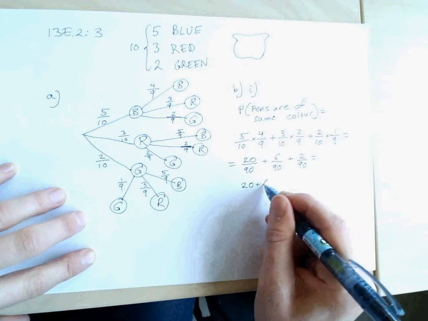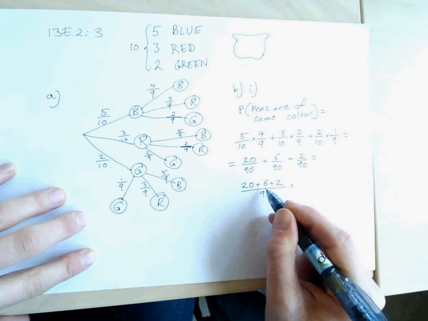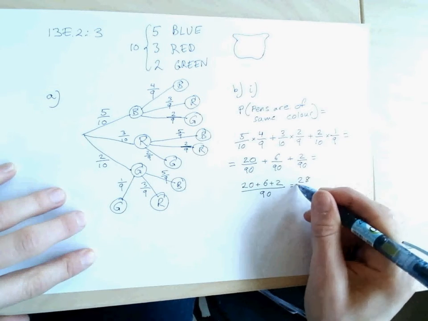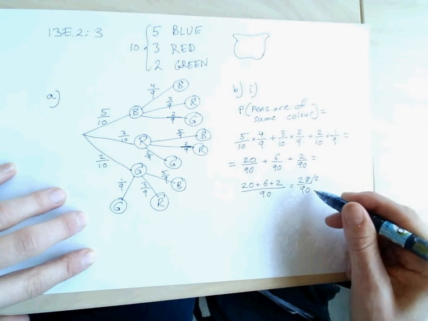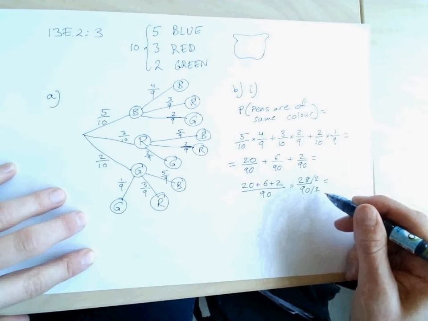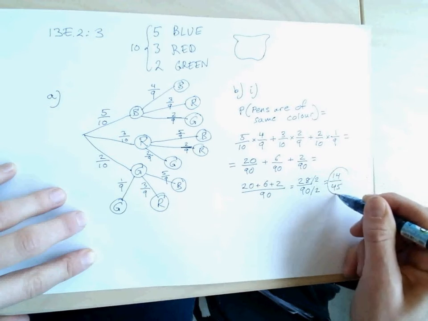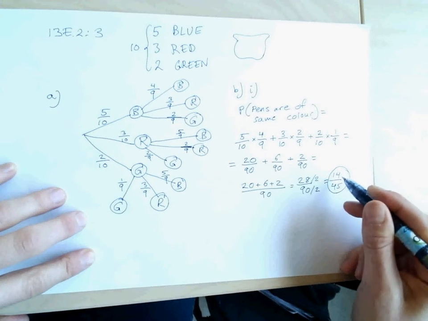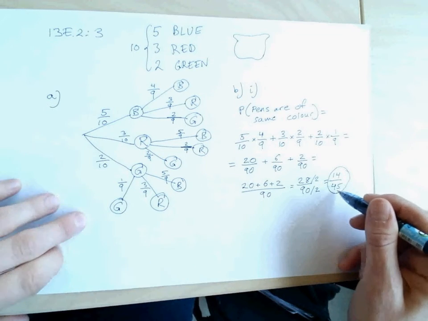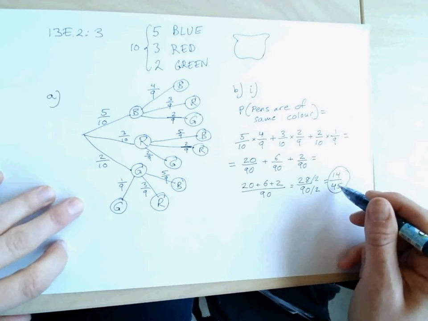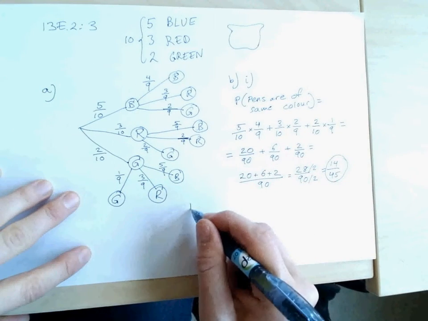So this will be 20 plus 6 plus 2 over 90, which is equal to 28 over 90. And here we can simplify, we can divide by 2, both in numerator and denominator. So you get 14 out of 45. 14 can be divided by 2 and 7, but 45 cannot be divided by those numbers, so we can't simplify anymore. So this is the final answer.